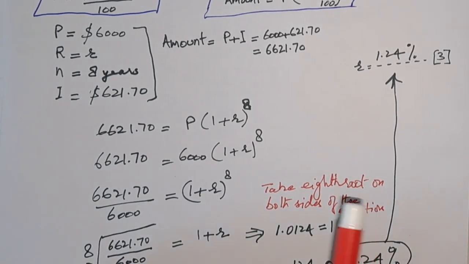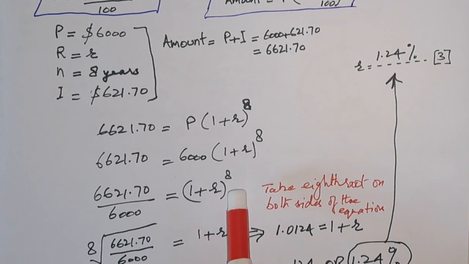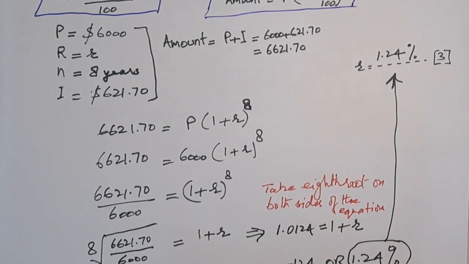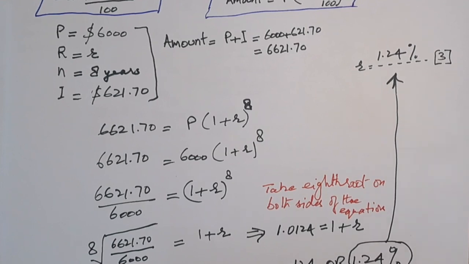So when we take 8th root, 8 will be gone from here like this. 1 plus r raised to the power 8 raised to the power 1 over 8, and 8 is cancelled, and we are left with 1 plus r.